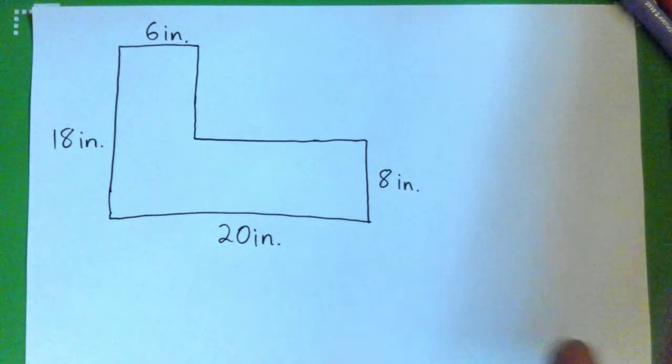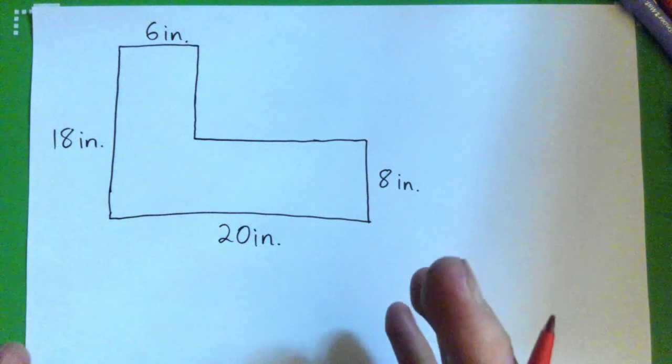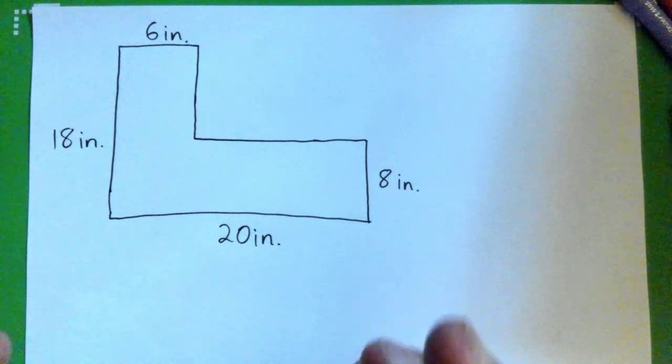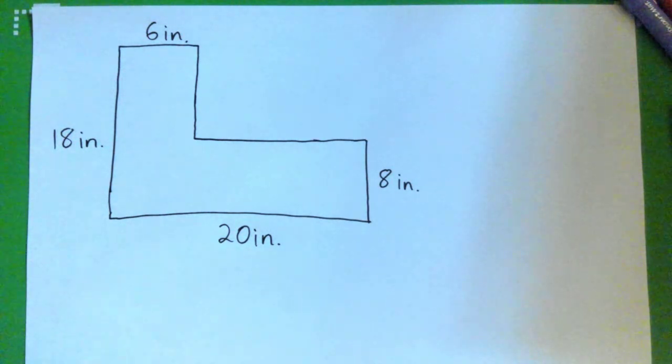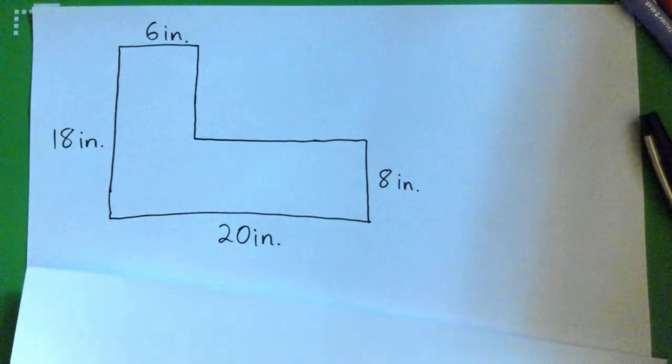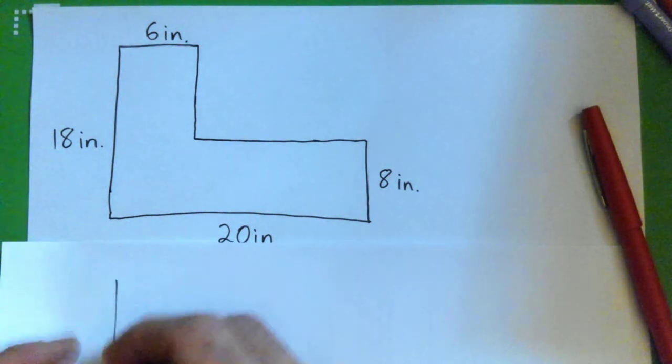What I want y'all to do is think about, why don't we take this figure and try to split it into two separate rectangles. So there's basically two ways of dealing with a shape like that, right?